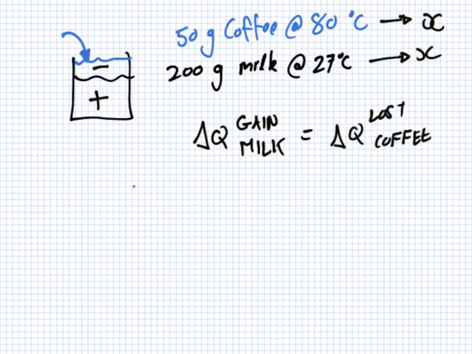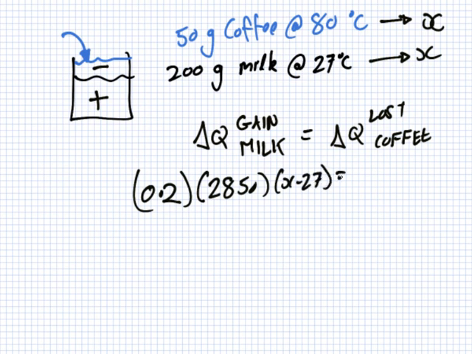Okay, so what is the energy gained by the milk? So that's M, what's C for the milk? 2,850. And what's the change in the temperature for the milk? The milk goes from 27 to X. X minus 27, good.